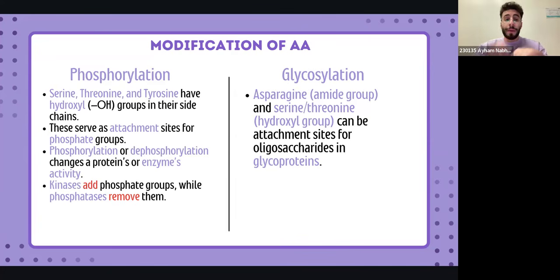So if we have an enzyme ending with kinase, like phosphofructokinase, the kinase is going to add a phosphate group to the amino acids, making the protein functional, making our body functional.